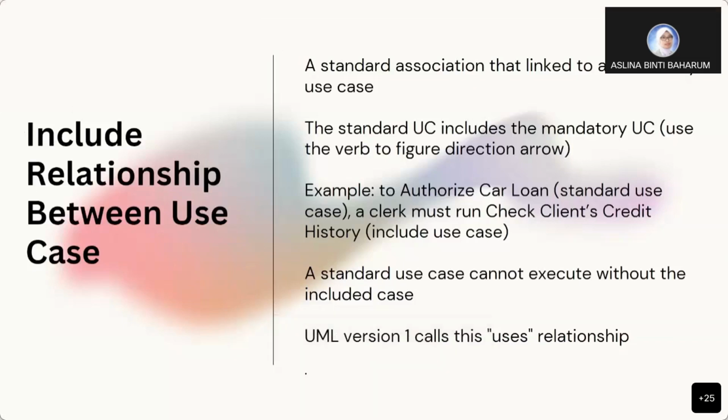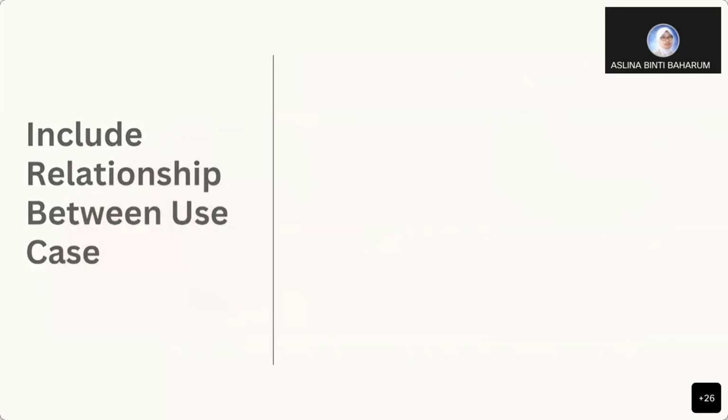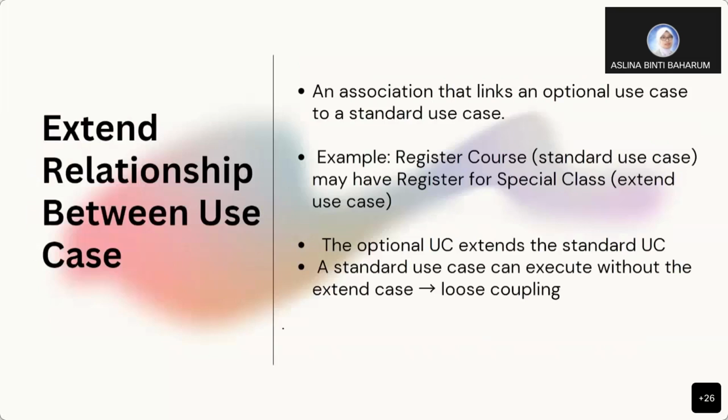Next, extend relationship between use cases. Extend relationships add a behavior sequence to the base use case. It is somewhat similar to the include relationship, but the direction of adding the behavior sequence to the base use case is opposite.